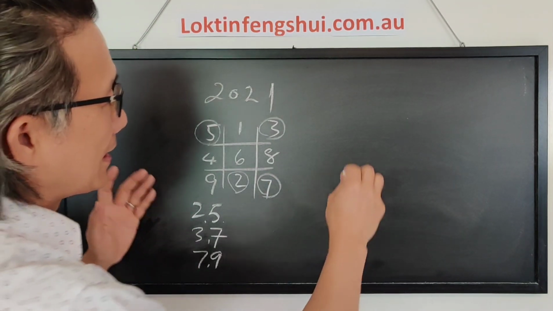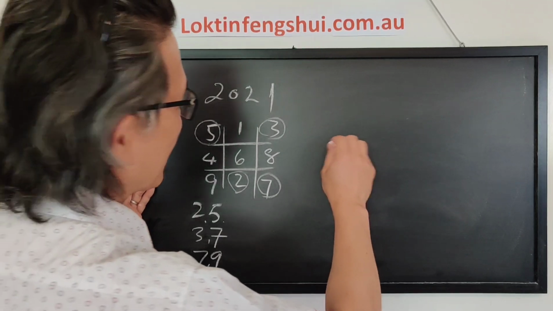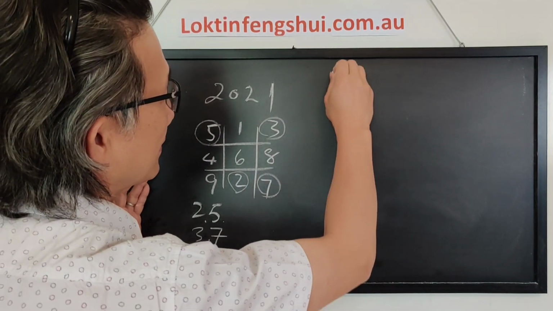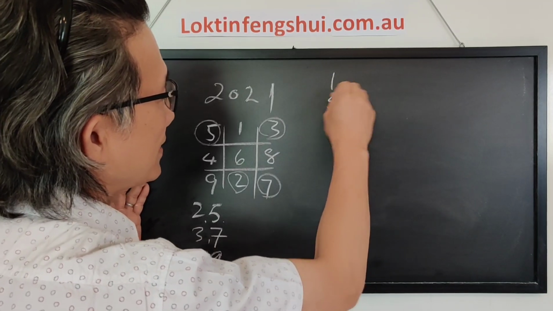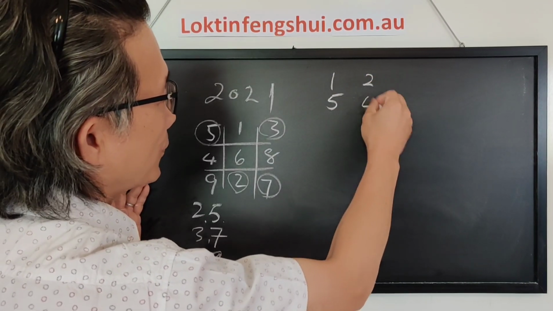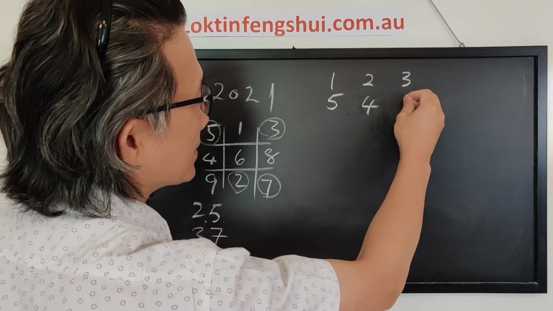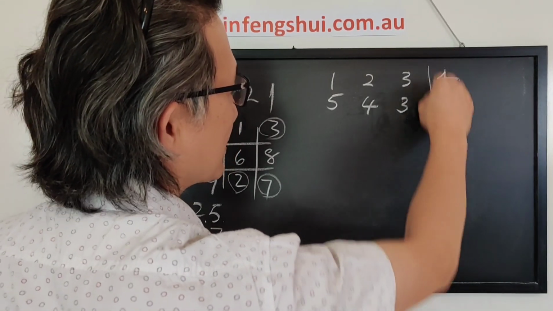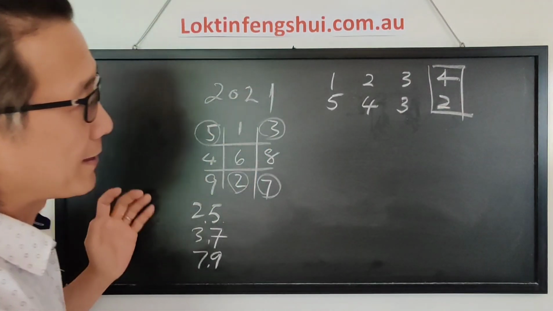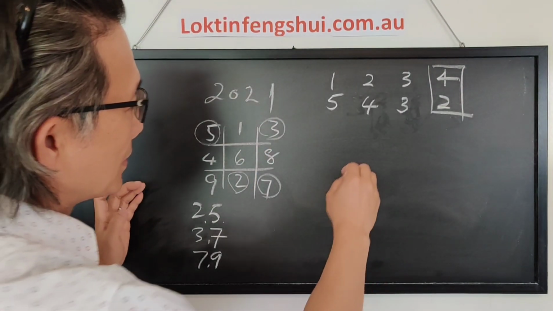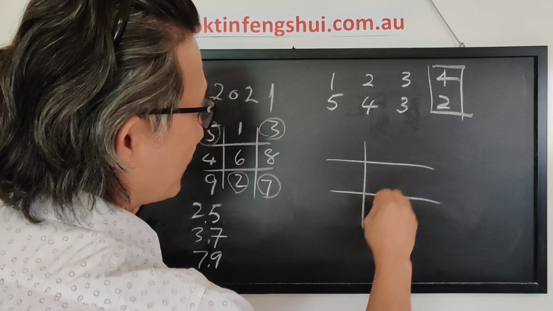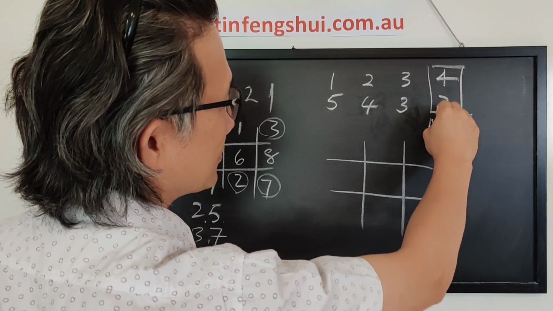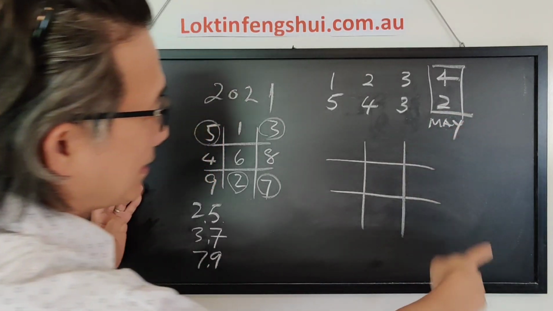Let's say, remember we said the first month is 5, the second month is 4, the third month is 3, and the 4th month is 2. Let's look at the 4th month here, which is generally May.